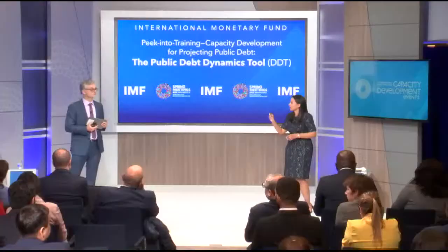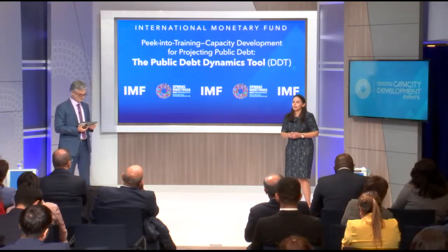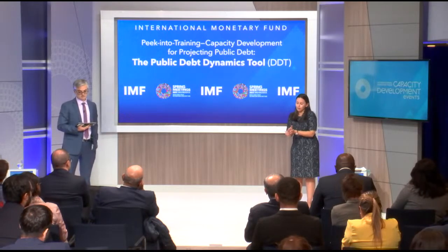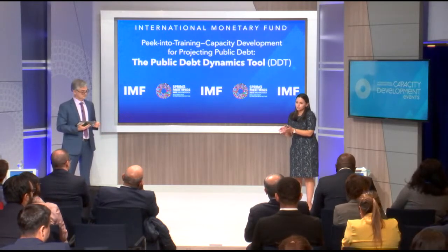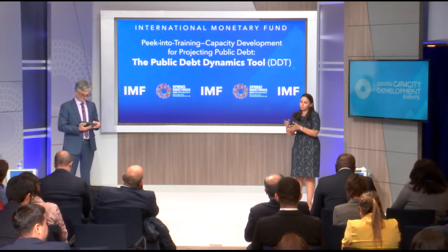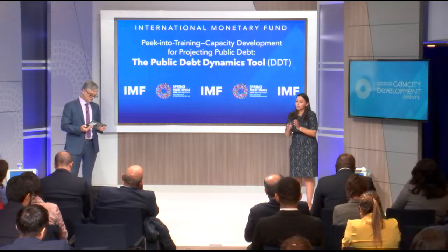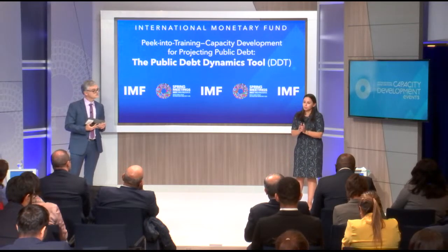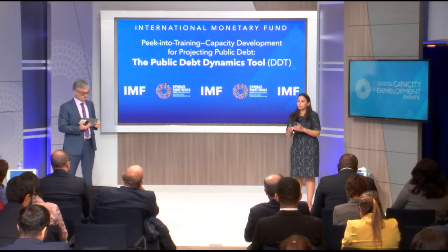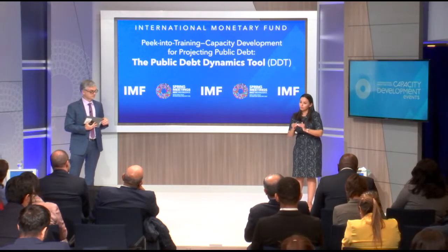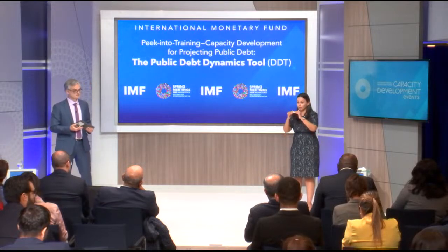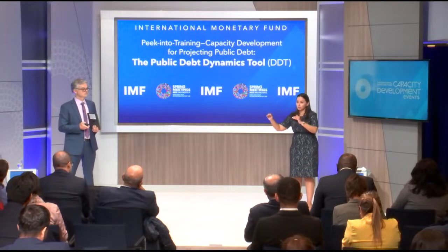Thank you. I can add one more thing. We mentioned earlier the LIC-DSF, the debt sustainability framework for low-income countries, and the SR-DSF, the sovereign risk framework for market access countries. Those tools, which are the official IMF tools for debt sustainability analysis, use below-the-line fiscal projections for their forecast, while the DDT uses mostly above the line because it relies heavily on the primary balance.